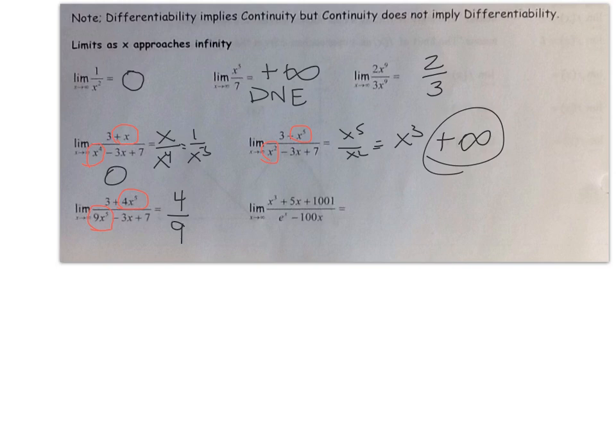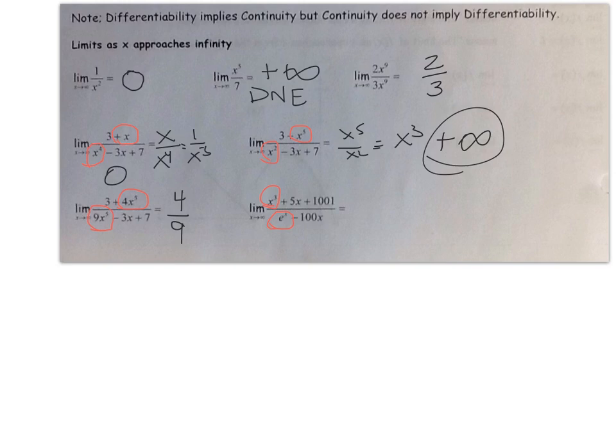On the last one, we have the greatest degree of x cubed in the numerator and the greatest degree for the denominator. Now, this is not a polynomial. This is an exponential minus a polynomial. Exponentials grow more than polynomials. You just have to know that from a good understanding of all of your parent functions you've learned to this point.